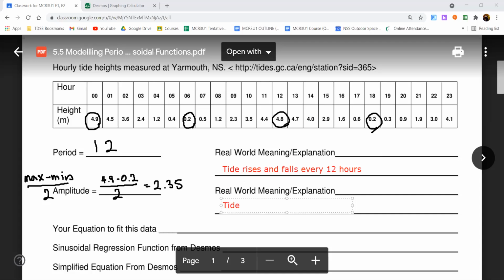An amplitude of 2.35 would be the tide rises and falls 2.35 meters above or below the resting sea level, whatever sea level is. So if there's absolutely no movement, the sea level of that particular location would be whatever. Amplitude means I go above that by 2.35 and I go below that by 2.35.